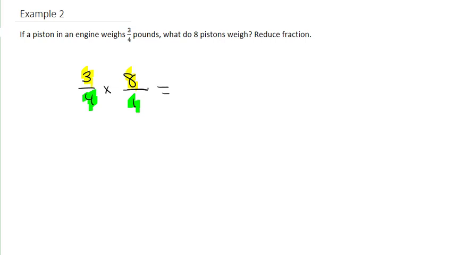So we get 3 times 8, which is 24, and then 4 times 1 is 4. Now, 24 divided by 4, as this is a division problem, will just equal 6 pounds.